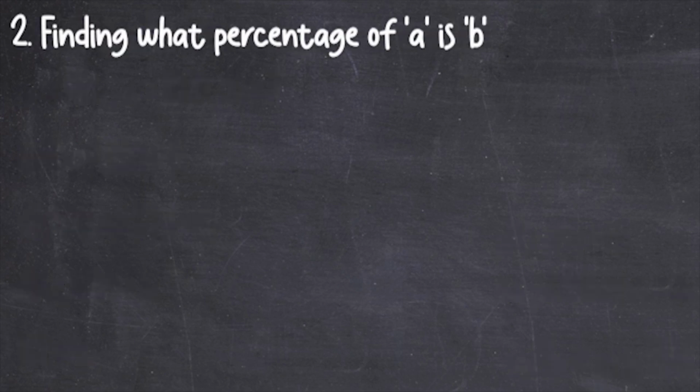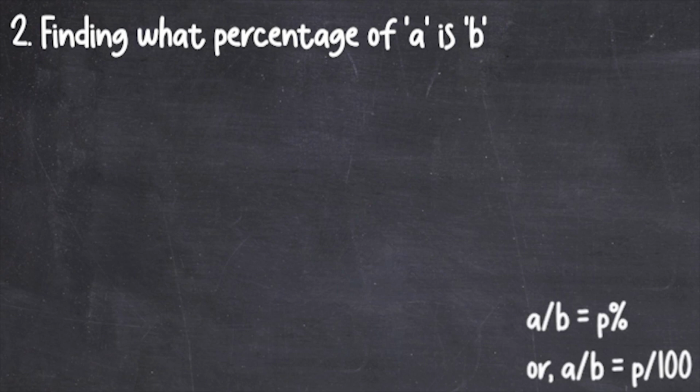2. Finding what percent of B is A. For any two numbers represented by A and B, if we need to find out what percentage A is of B, then the formula for that is A over B equals P percent. Let's try to find out what percentage 120 is of 300.